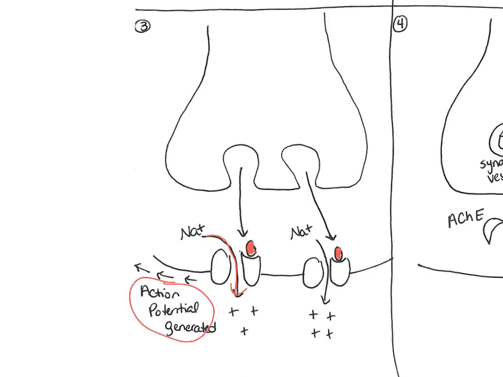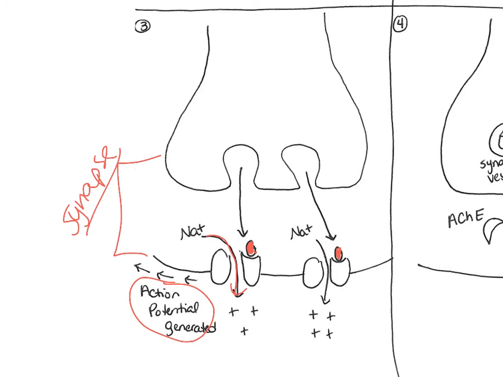So we can keep passing these action potentials on from neuron to neuron. They can just keep going. Where this occurs here is called a synapse. And that can just keep going and going from neuron to neuron. Now, when we were talking about the neuromuscular junction, if that were a muscle, the muscle contracted after we got an action potential on the muscle side.